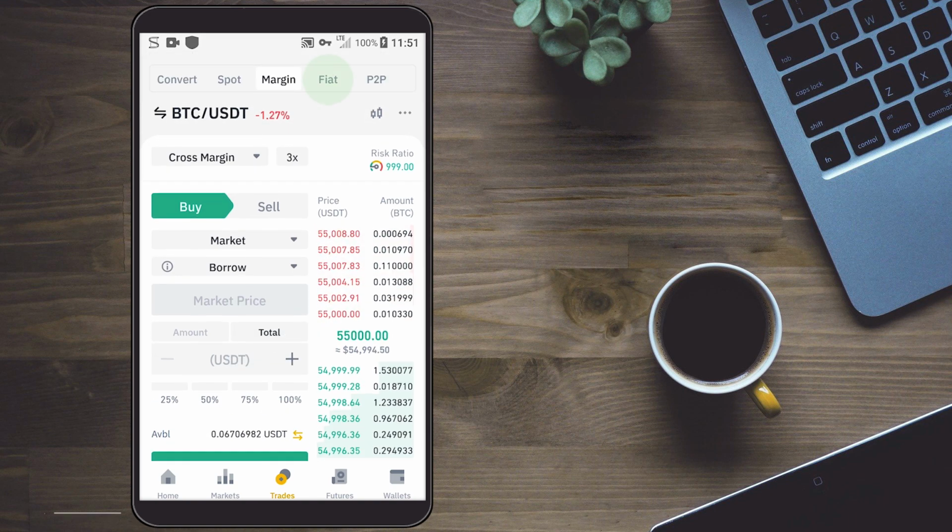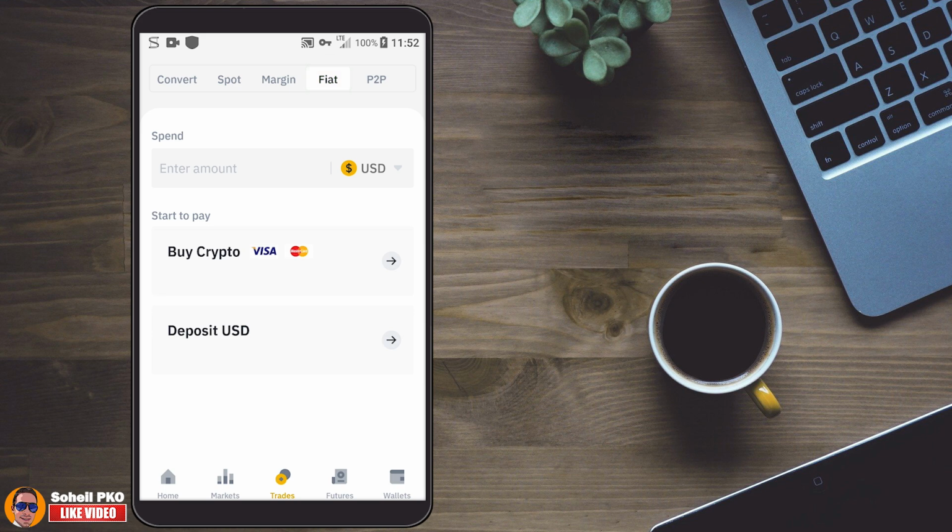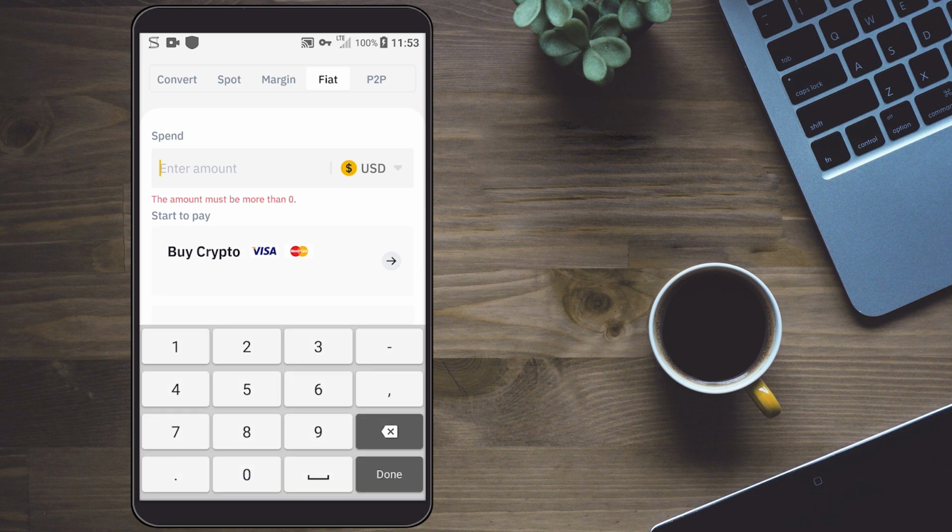Now let's go to the fiat tab. Here you can buy crypto with your currency, based on the currency of your country. You may have different options here. For example, US dollar is selected here, and here you can simply buy coins with your Visa or MasterCard. Let's place an amount, just for example 1.